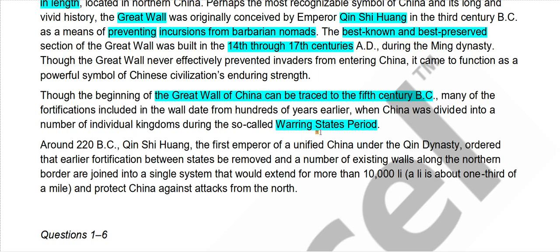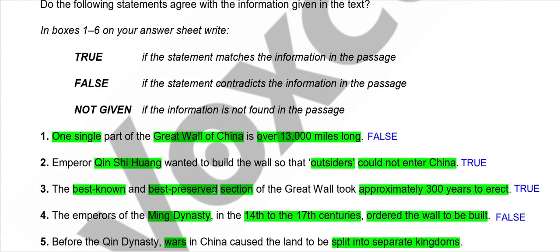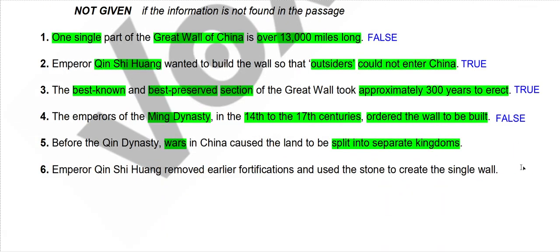So war-driven states or war-torn states, kingdoms we can say also. So yes, China was divided into a number of individual kingdoms. So we will say the answer to this is true.